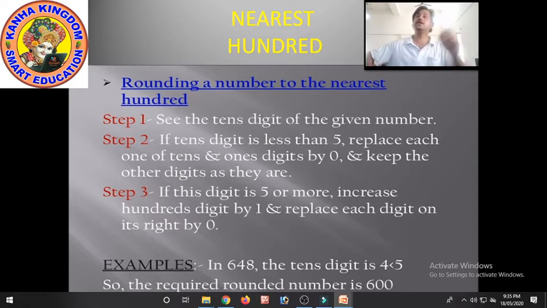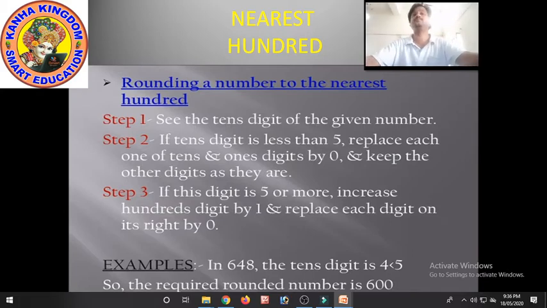Means if the tens digit is less than 5, what you have to do? You just replace the tens digit and ones digit with 0 and write the rest of the number as it is.